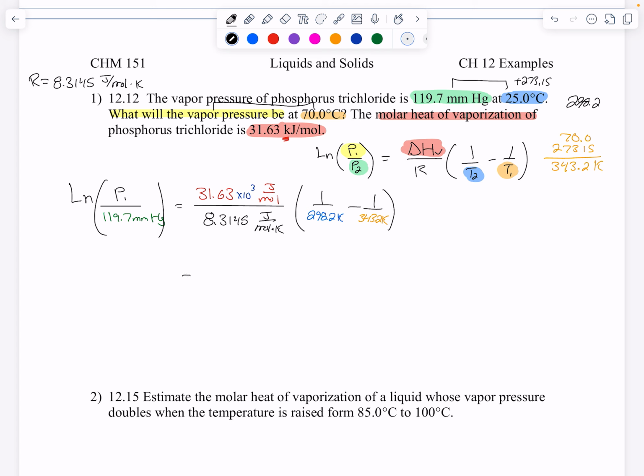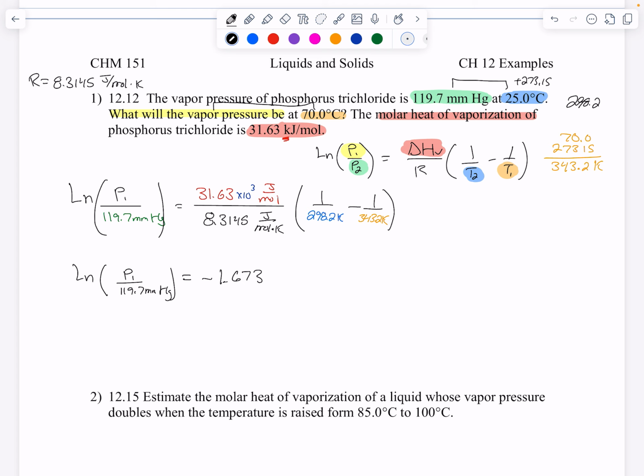I'm getting negative 1.673, and the units are gone. So we have natural log of P1 over 119.7 millimeters of mercury.